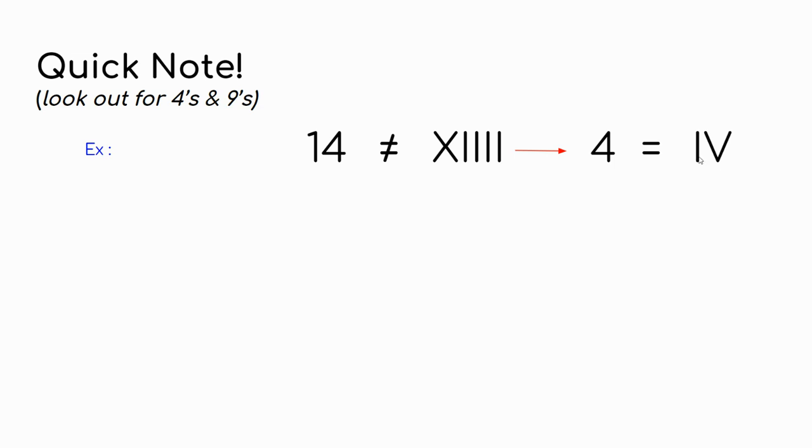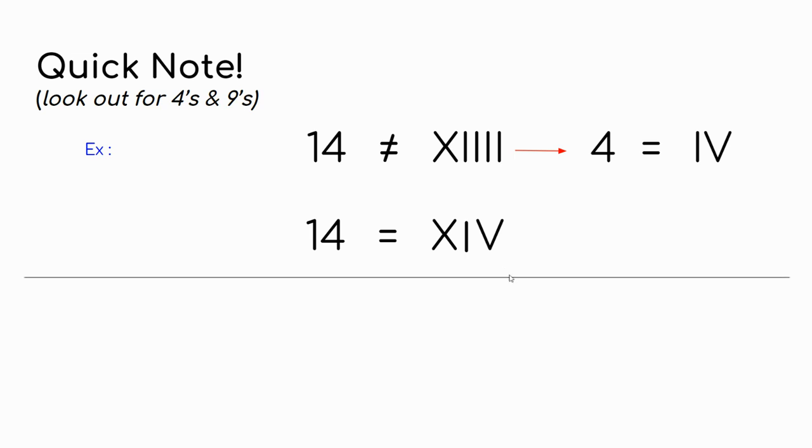There's not a lot of reason behind it, but just don't put 4 things in a row. 1, 2, 3, 4. You can't do that. You have to say the number 4 is actually 1 before the next bigger number. So 14 is actually a 10 and 1 before 5. And 10 and 4 make 14. Got it? Okay, so here are a few more examples.